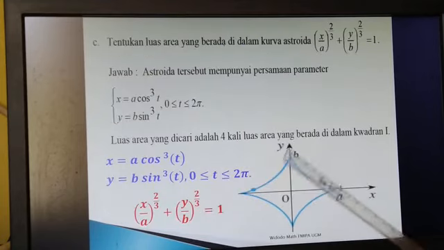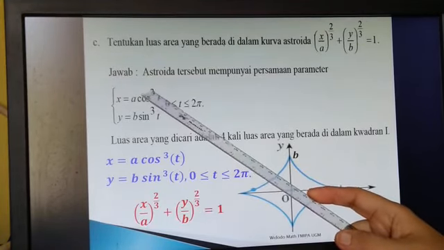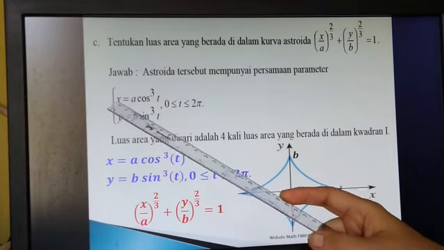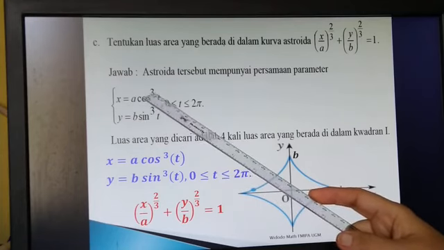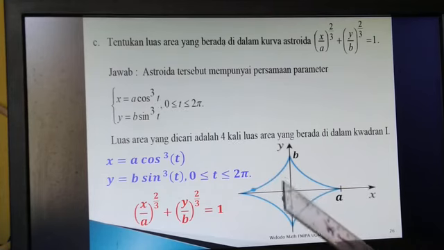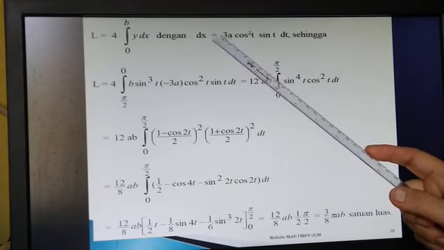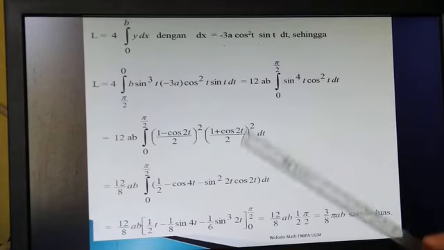because x is equal to a cos^3 t, so dx is equal to 3 times a cos^2 t times the derivative of cos, that is minus sin. So altogether we have dx equal to minus 3a cos^2 t sin t dt.